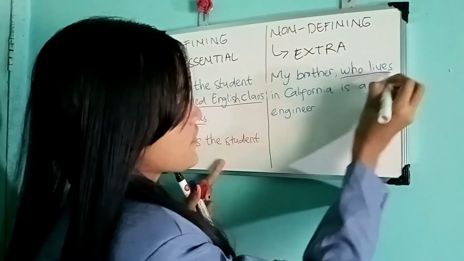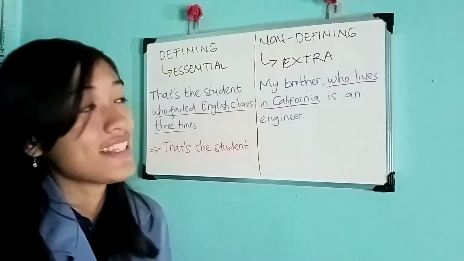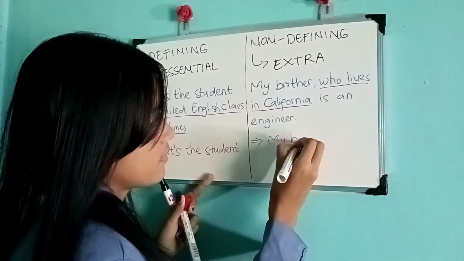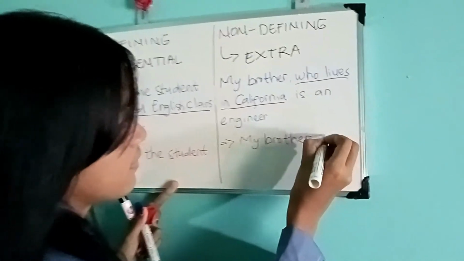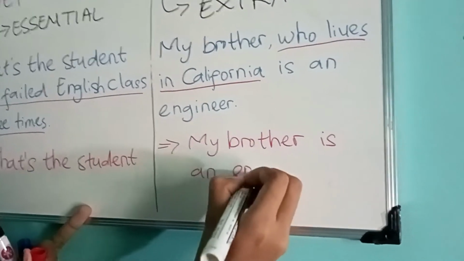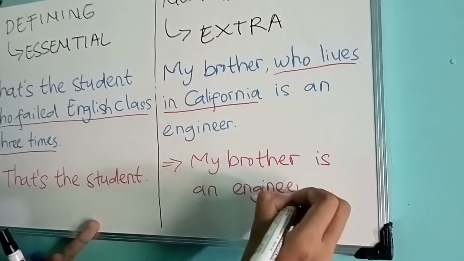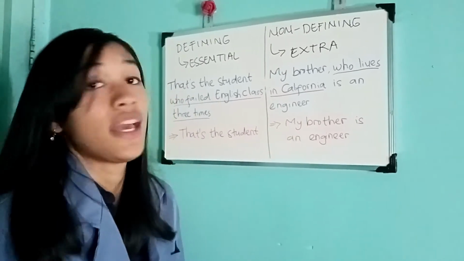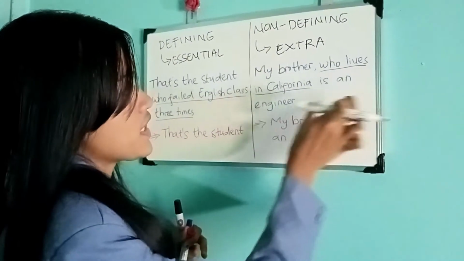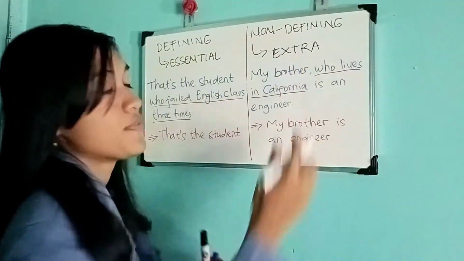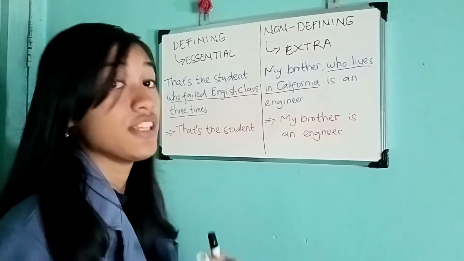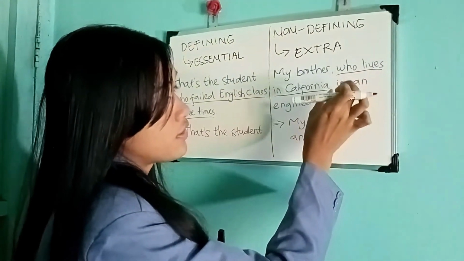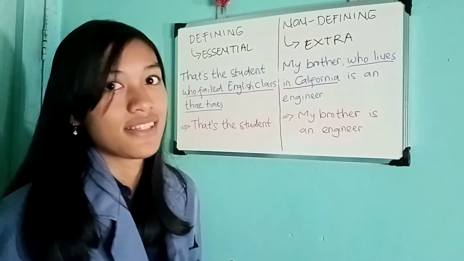If you remove who lives in California, the sentence is complete. We can see that who lives in California is extra information to the sentence. And in writing English, use a comma before and after you write a non-defining relative clause.